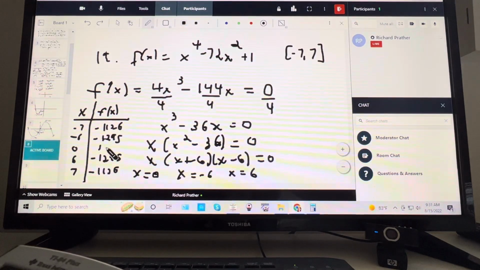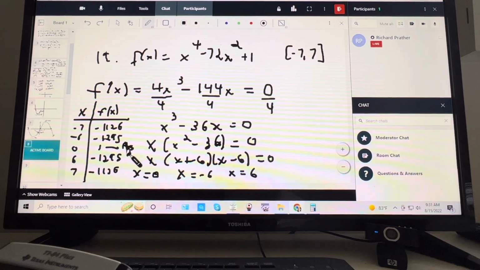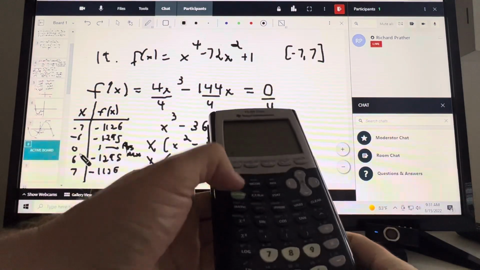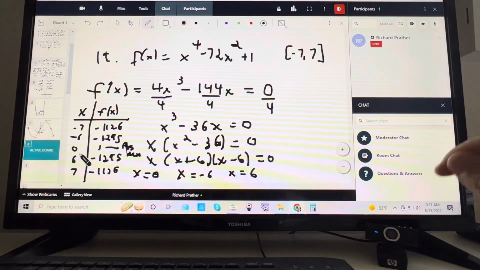So the absolute maximum in this interval is when the y value is 1, and that occurs at x equals 0. So there's an absolute maximum of 1 at x equals 0, and then there's an absolute minimum of negative 1295 that occurs at both 6 and negative 6.